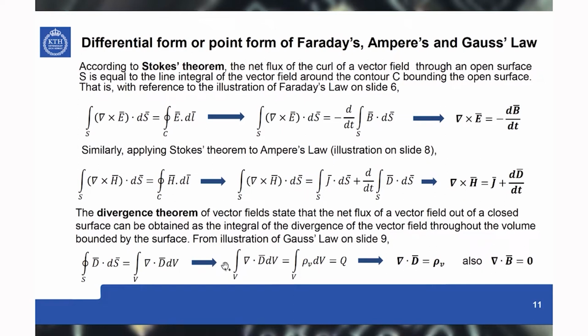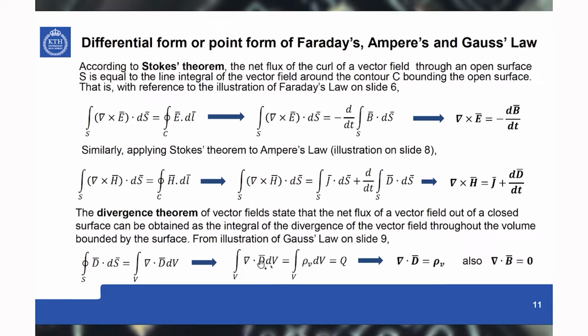So which implies that now this integral of rho dV. So this is coming from the integral form of Gauss law. So surface integral of D dot dS equal to the total charge enclosed, that is Gauss law.